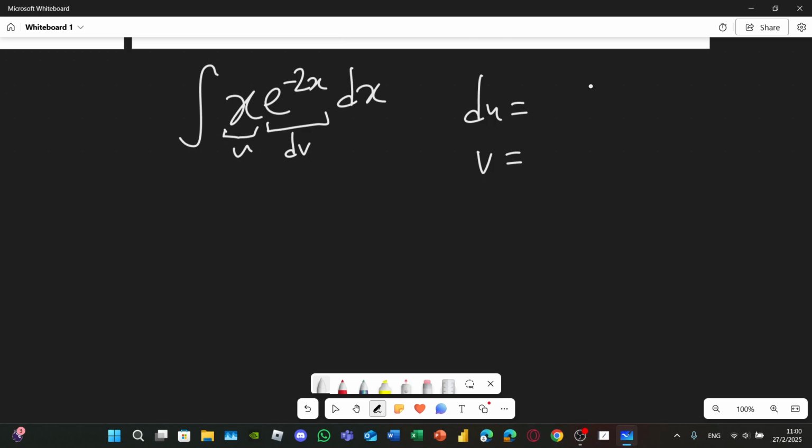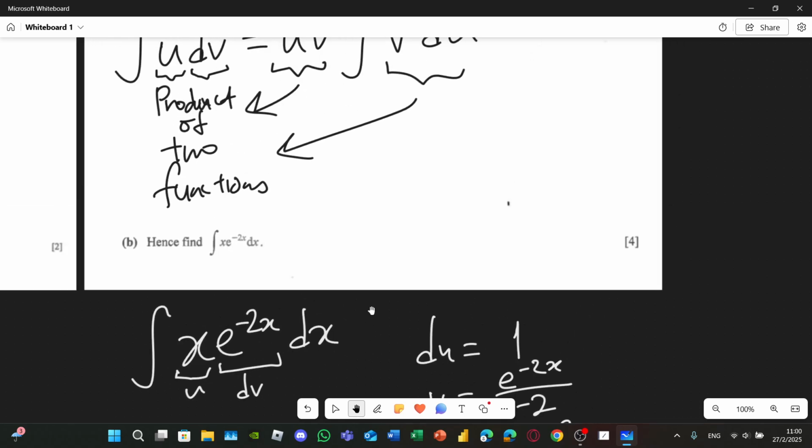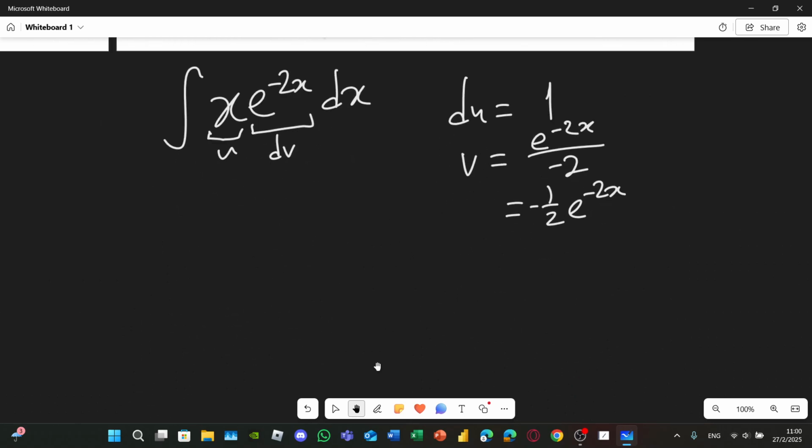So the derivative of x simply gives you 1. And the integral of dv is going to be e to the power negative 2x over negative 2, which is negative half e to the power negative 2x. And then I can apply my integration by parts formula over here. So here's how it's going to look.